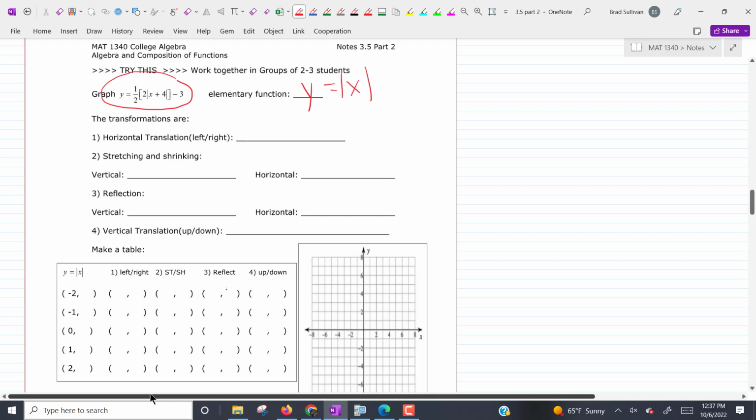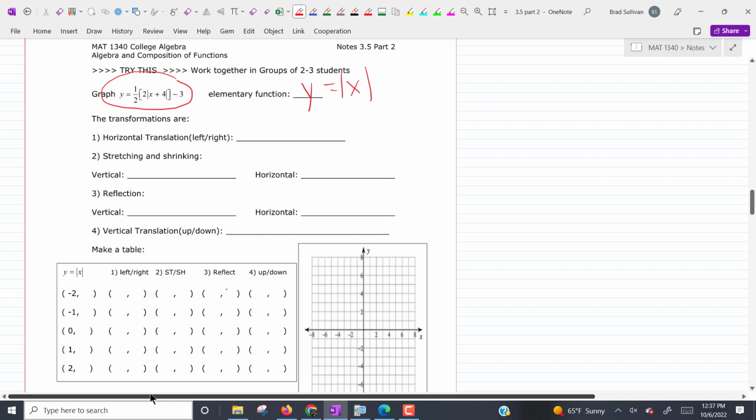Now this part right here, the shrink horizontally is that number right there, and you do the reciprocal. So you want to say shrink by 1/2. Maybe make a note to yourself that that's the number you work with the reciprocal of. This means turn it upside down. So 2/1 becomes 1/2.